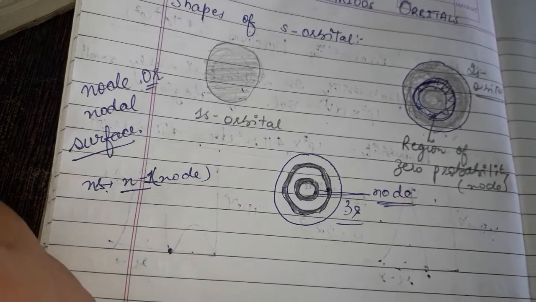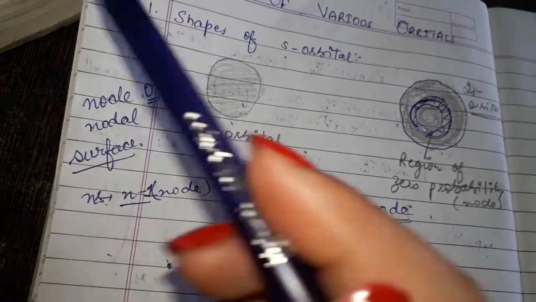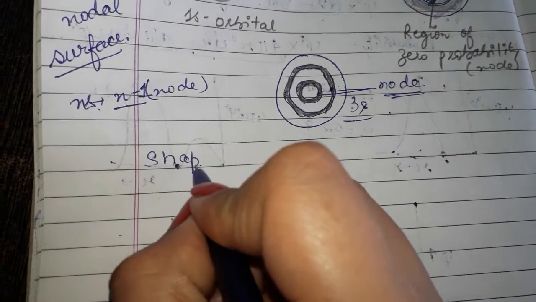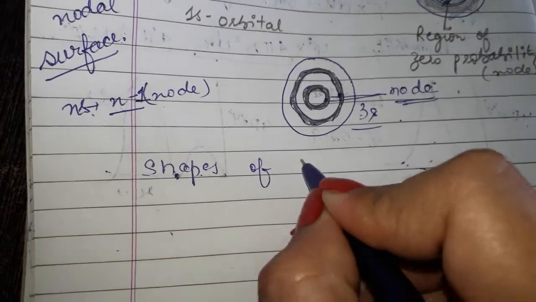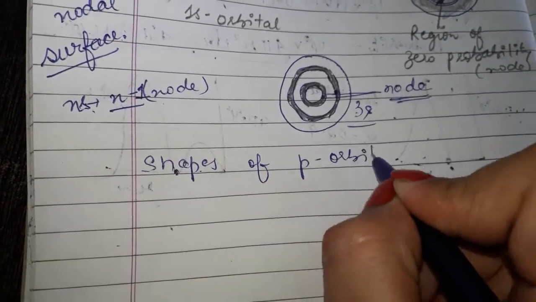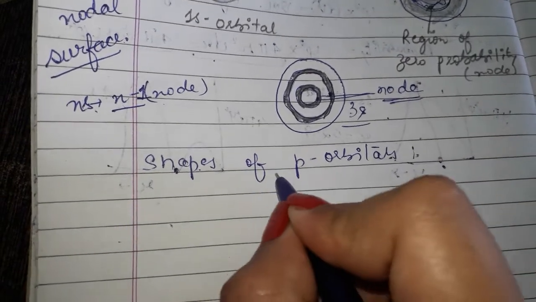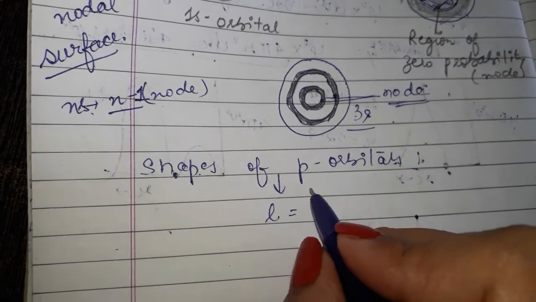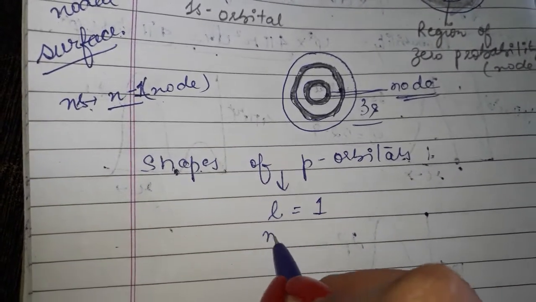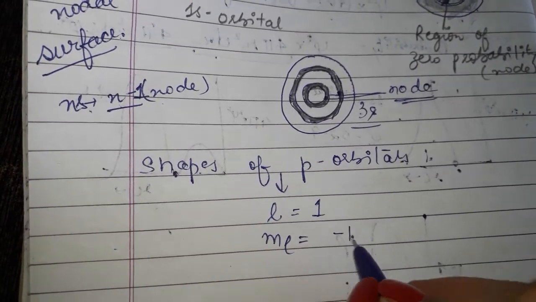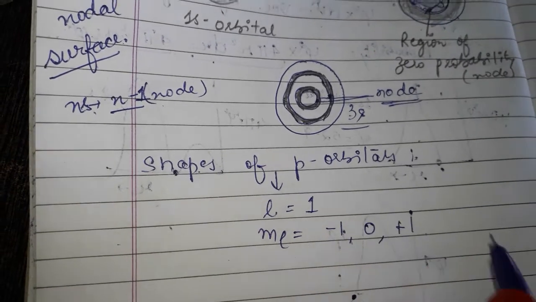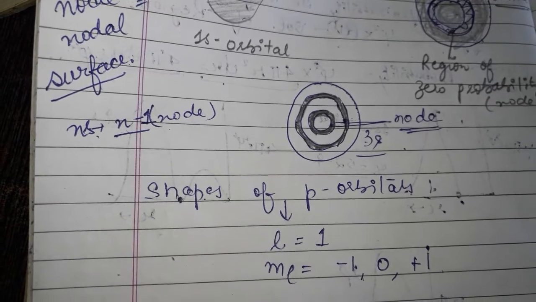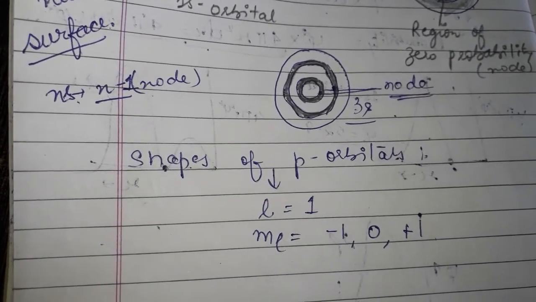Now the shapes of p orbitals. For p orbitals, the value of l is 1 and the values of ml are minus 1, 0, plus 1, because the value of ml is from negative l to positive l.